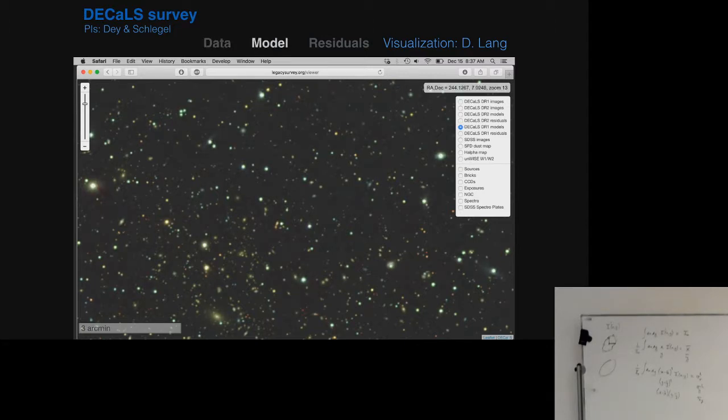Originally I have an image with many pixels. I don't remember exactly, tens of millions. But I can end up with a catalog, and the catalog allows me to create this image, but the catalog is much, much, much smaller in terms of the number of parameters. So I've been able to extract all this information in a very efficient way. And the reason is that what I have here is a collection of blobs.